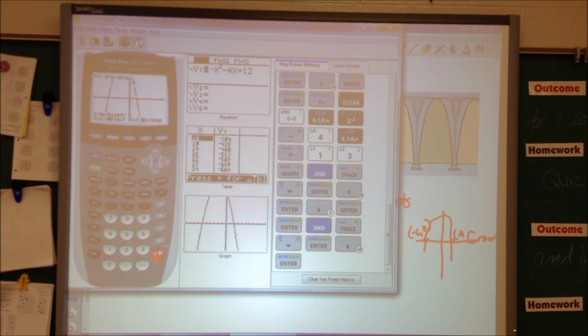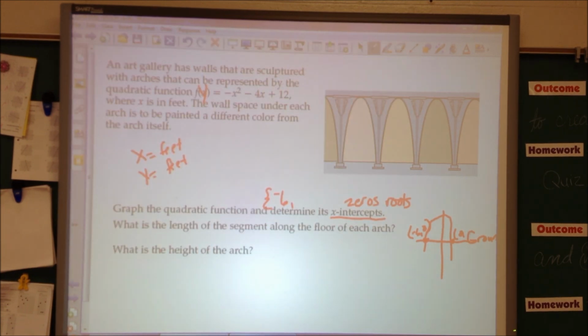So I'm going to hit enter. I'm on the left side of it. Now I need to go to the right side of the x-intercept, and I'm going to hit enter. Enter again, and it lets me know x is 2, y is 0. So this point is at x is 2, y is 0. So my x-intercepts are at -6 and 2.